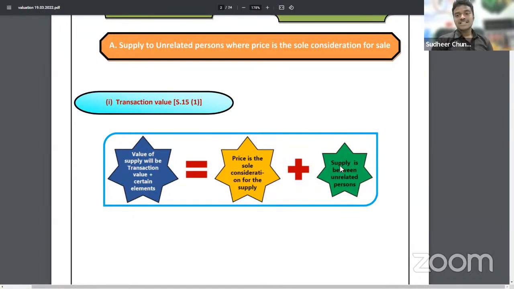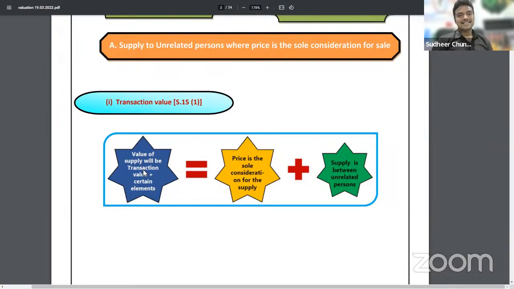Condition number 2, supply must be between two unrelated persons. That means supplier and recipient must be unrelated and price must be the sole consideration. Only when both the conditions are satisfied will the value be the transaction value.